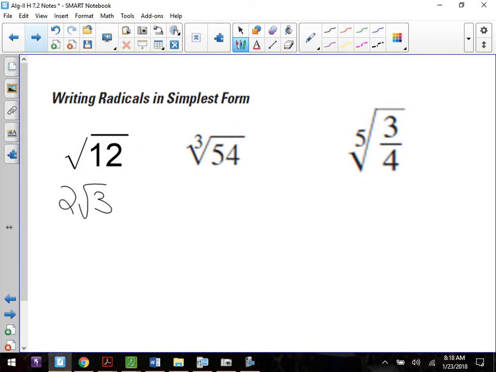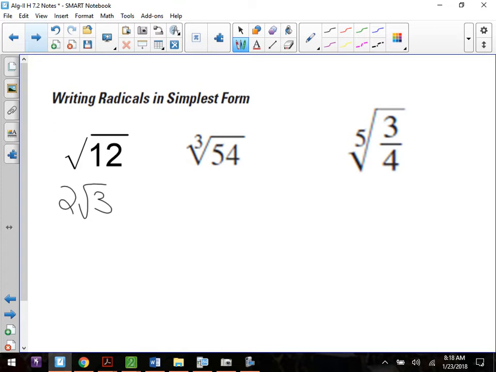When I get to the cube root of something, that means I'm looking for a perfect cube. Your list is: 2 cubed is 8, 3 cubed is 27, 4 cubed is 64, 5 cubed is 125. So right away, it goes up super fast.